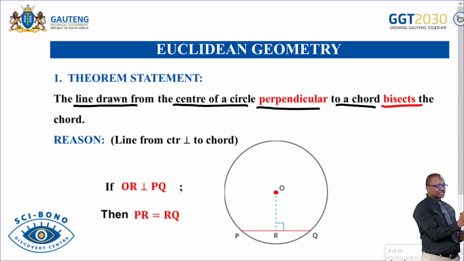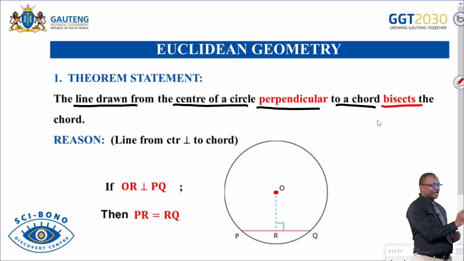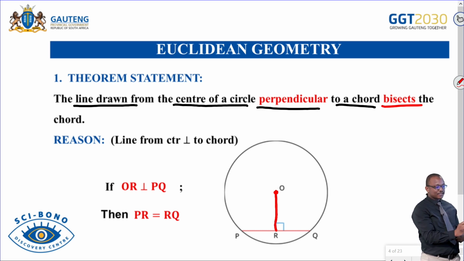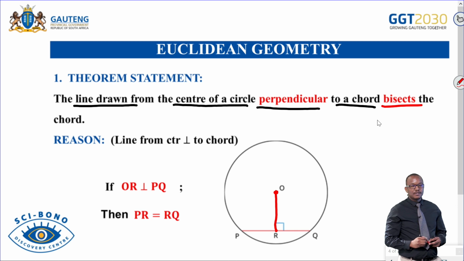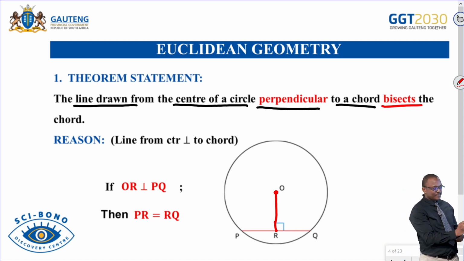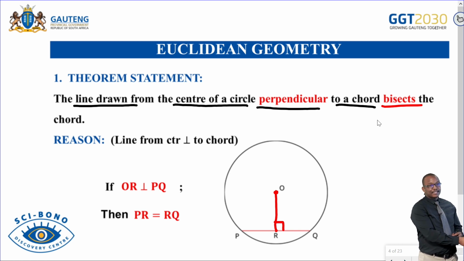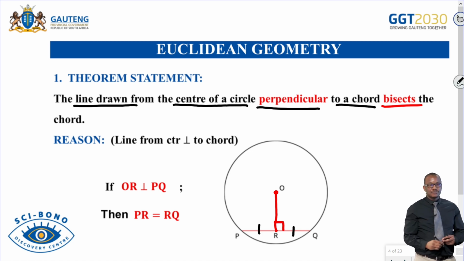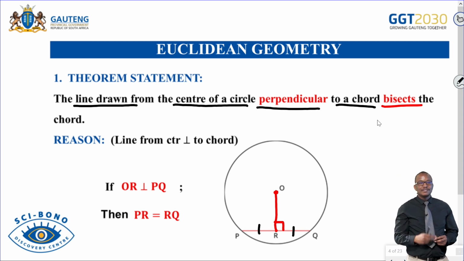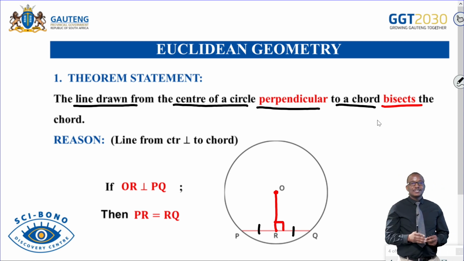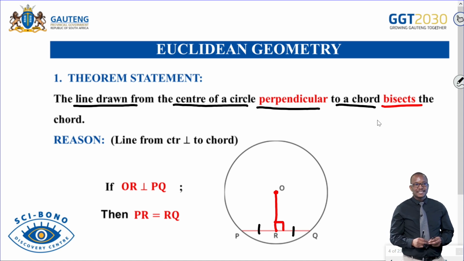We have a center O. A line that is drawn from the center of the circle to the chord, and it is perpendicular to the chord. We're saying that line bisects the chord. When you bisect something, it means you cut it into two equal parts.